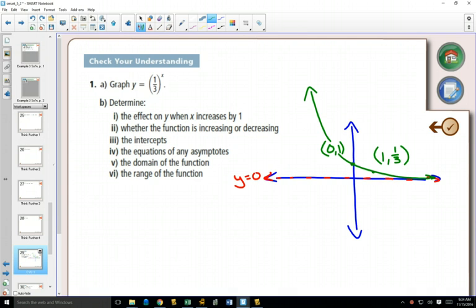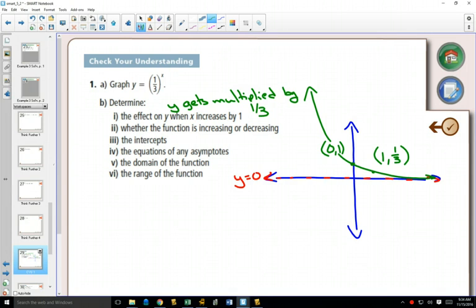Every time we increase by 1, y gets multiplied by 1/3. That's the effect of an exponential graph. An exponential graph is always multiplying by the same number over and over again.